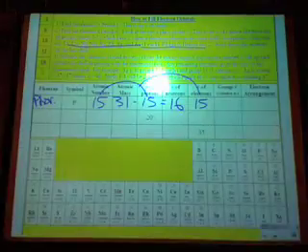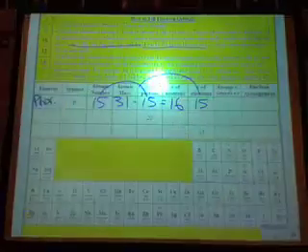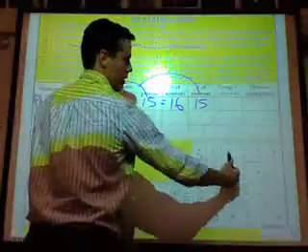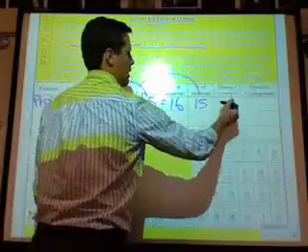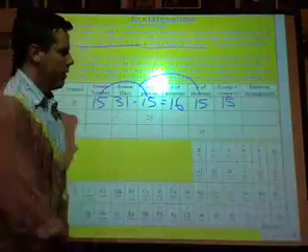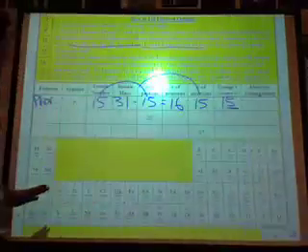Okay? All right, so I got all those filled in. Group number. What group does phosphorus belong to? Okay, so it's over here. Group 15. So if it's in group 15, how many valence electrons does it have? 5. This digit here tells me it's going to have 5 valence electrons.